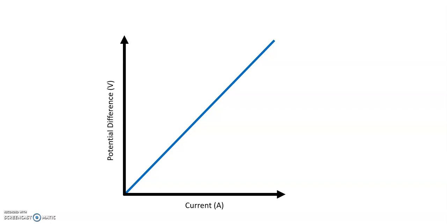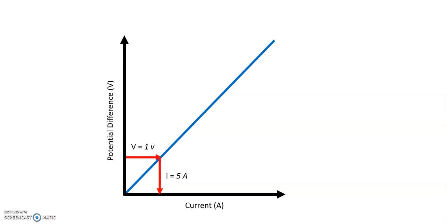Directly proportional is actually quite an easy idea to understand. So let's just say I pick the value for current and potential difference at 1 volt. Let's just say I have a random resistor, and that resistor, when I have a 1 volt battery in its circuit, will produce 5 amps of current.